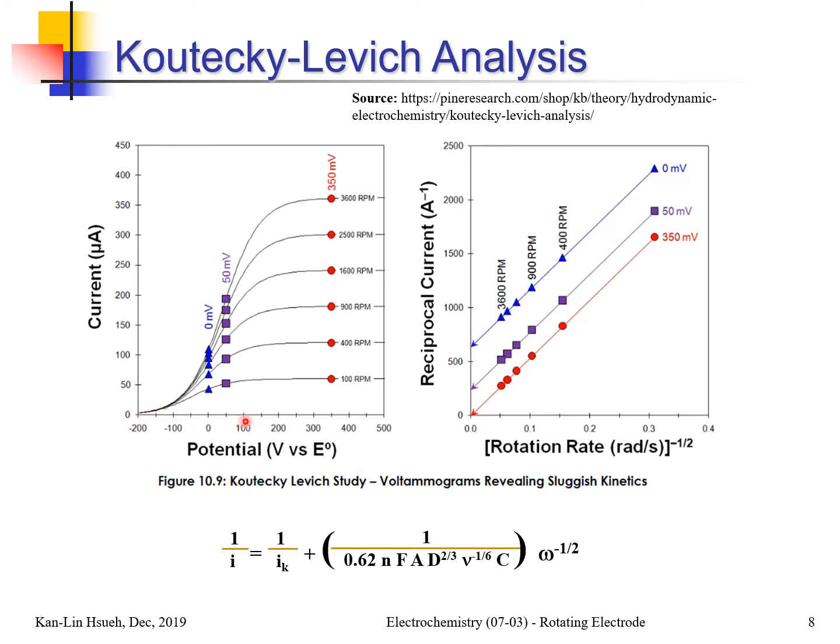We scan the electrode potential again and record the current as a function of potential, and then 900, 1600, 2500, and 3600 RPM. The reason for picking this kind of rotating speed is that the current depends on the square root of the rotating speed.